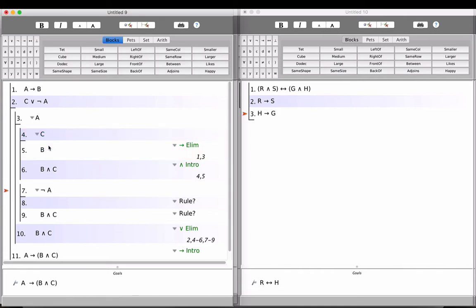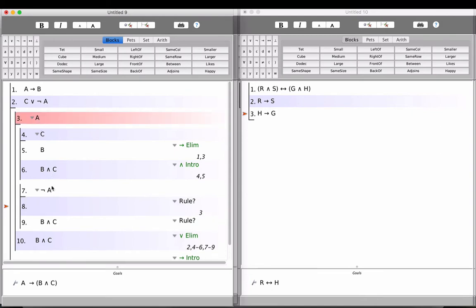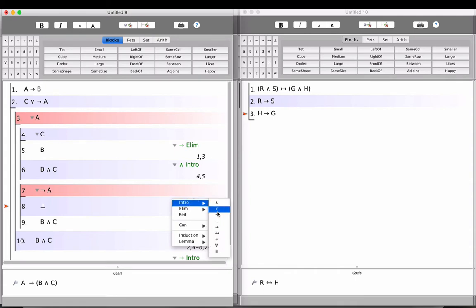I immediately move on to the other side, and I notice that there's no way, given not A and given A then B, that I'm going to be able to create the conjunction of B and C out of respectively B and C. But what I do notice is that A and not A are contradictories, so I assert that contradiction. That is, more specifically, I introduce the contradiction rule.